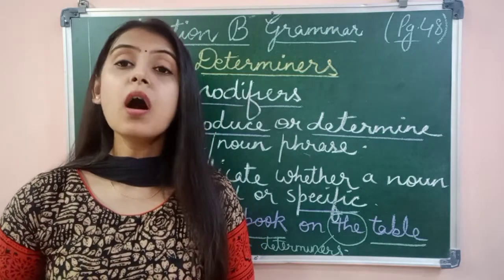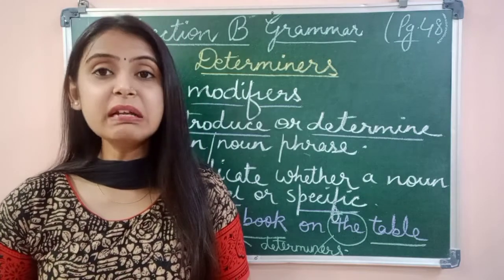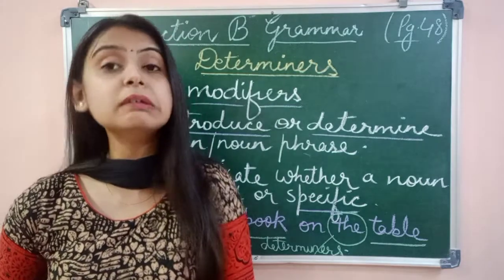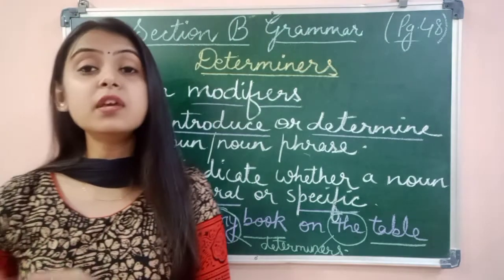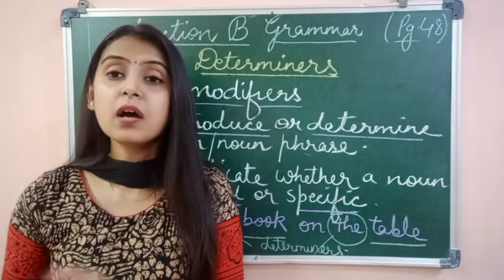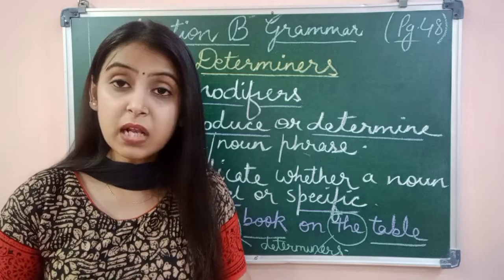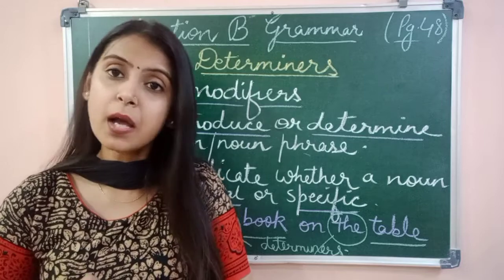Now here I am making the noun specific by using the determiner the: the book that my father ordered last week, right? So a and the here are determiners. Fine. A book tells you that I am talking about the book in general, and the book tells you that I am talking about some specific book.